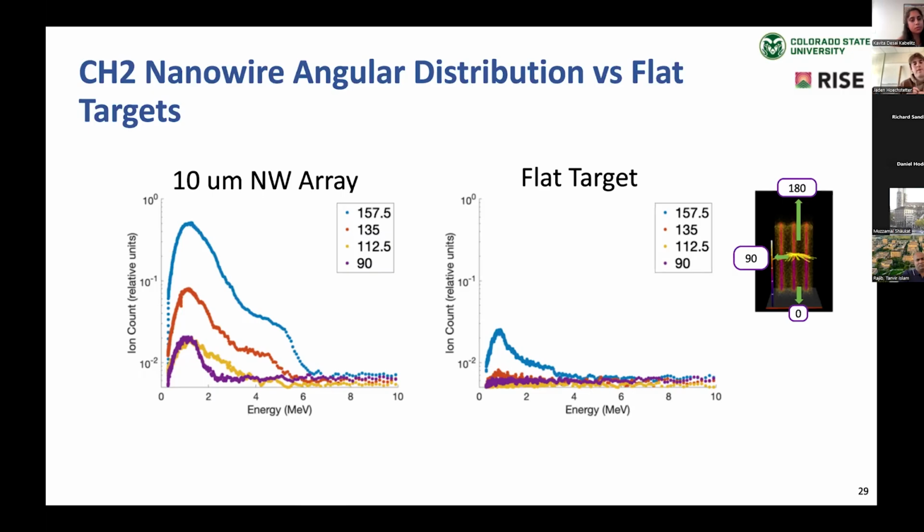Couldn't get 180 because the OAP was in the way, but you can see that the flat targets only accelerated ions in the laser backward direction, and none of the angular directions. Whereas for the 10 micron nanowire arrays, it accelerated ions in all directions and a significant amount in the radial direction.